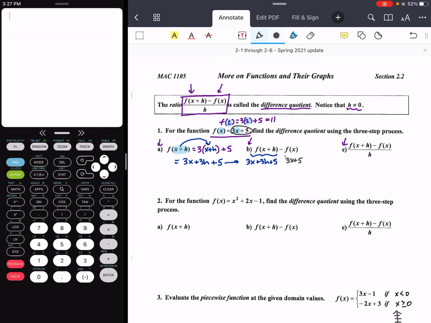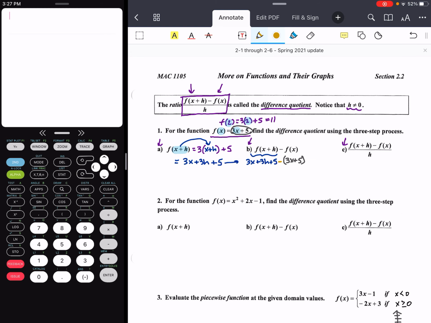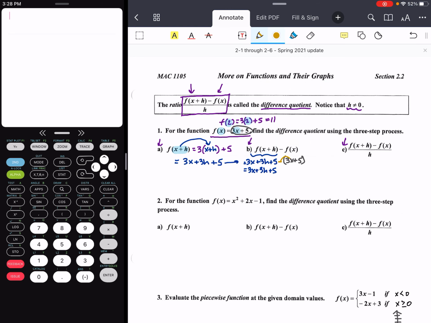If I want to subtract 3x plus 5, then I need to subtract the entire function. So I put minus and then parentheses 3x plus 5. When I carry this down, I have 3x plus 3h plus 5, then I distribute that minus sign to get minus 3x and minus 5.